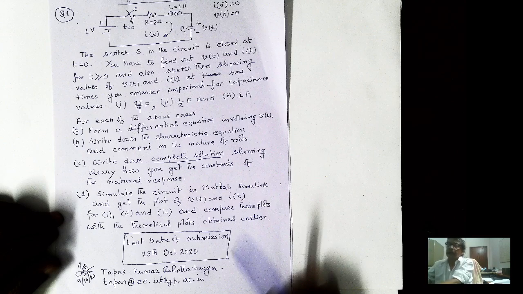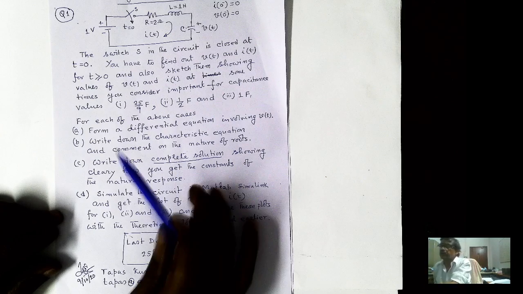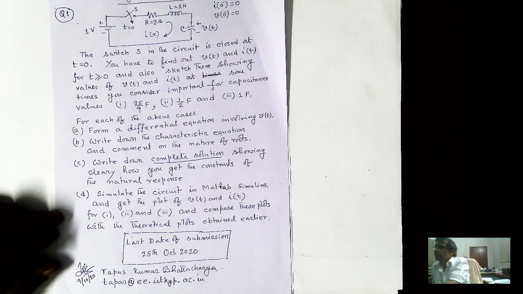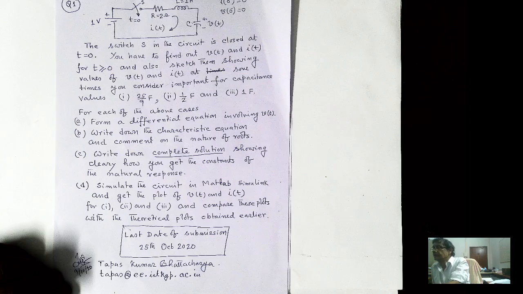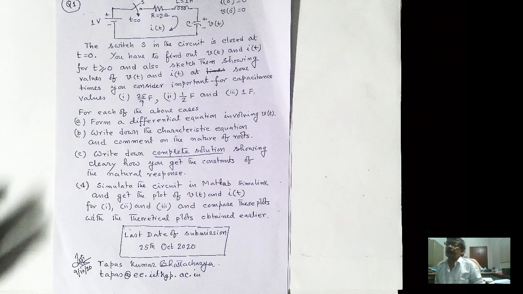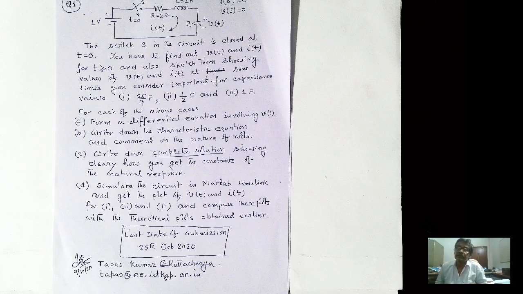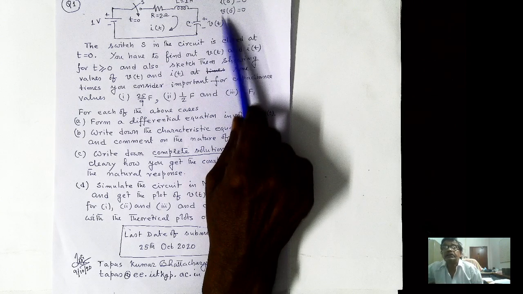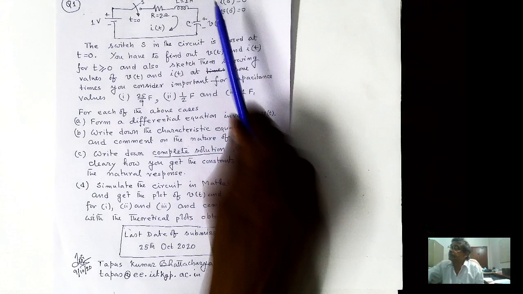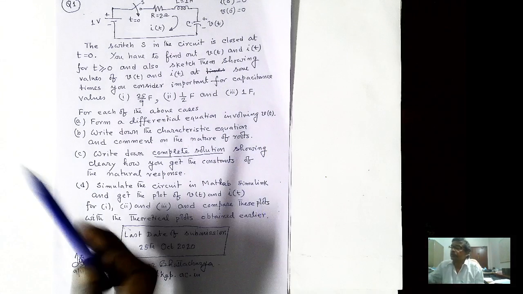Here, by inspection you have to write it down. Then find out the constants associated with the natural response by applying the boundary conditions I(0-) and V(0-). So the complete solution will be known.